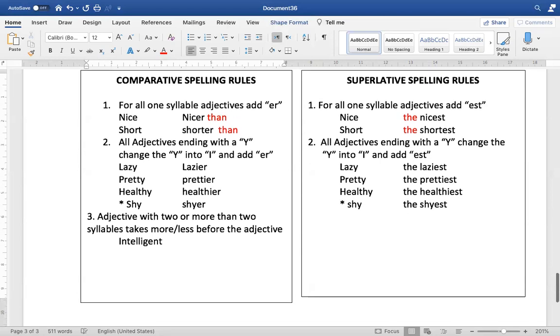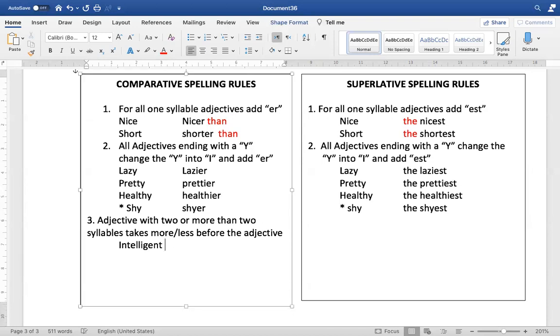So for adjectives which are two, three, or more syllables, we say more intelligent, or, for example, beautiful, you can say less beautiful. Please take into consideration that after using more or less, you have to use the simple form of the adjective.